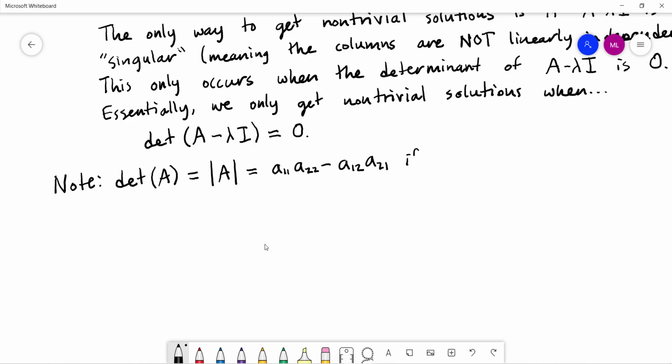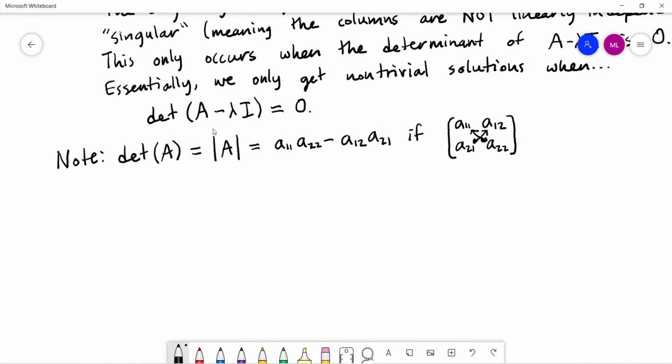So if our matrix looks like the one that we just talked about, A11, A12, A21, A22, it means this times this minus this times this. That's our little formula. So do that for this matrix, set it equal to 0, and solve for lambda.